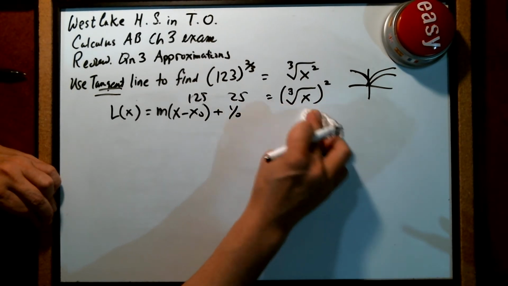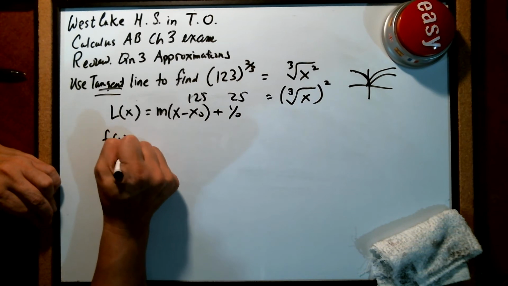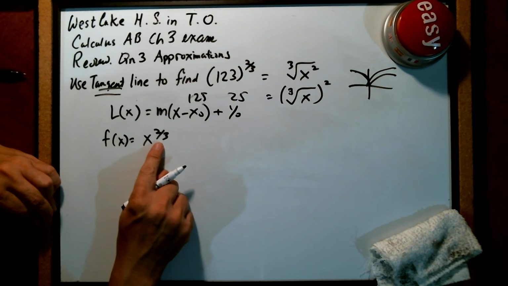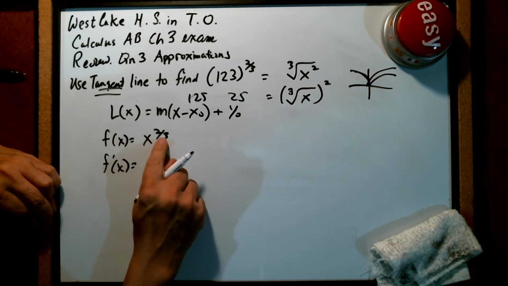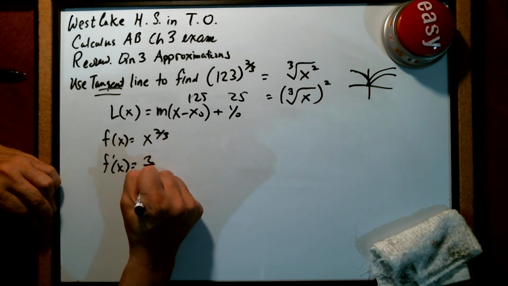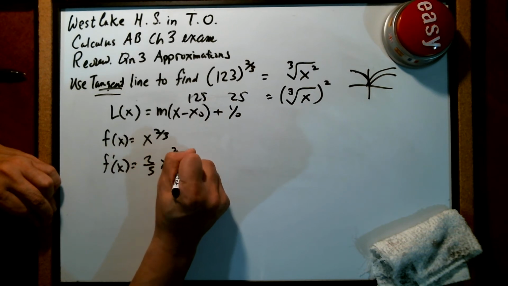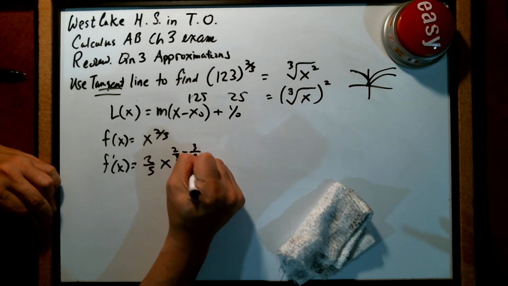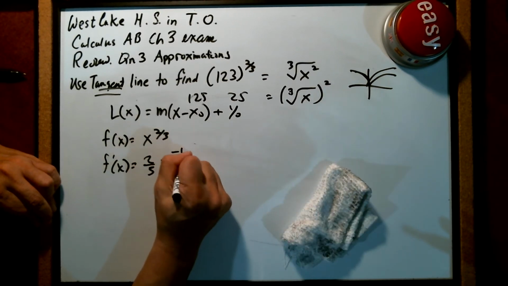Here's your function right here, x to the 2/3 power. It's a little easier to differentiate in exponential form. So I'm going to take the derivative, f prime of x: bring the 2/3 down, x, and then minus 1. 2/3 minus 3/3 is going to be negative 1/3.